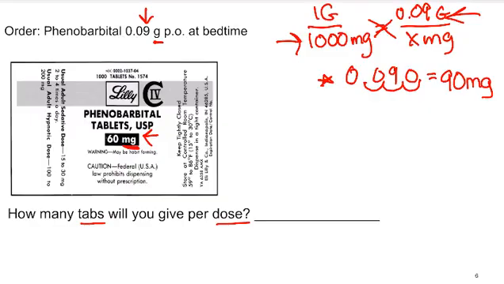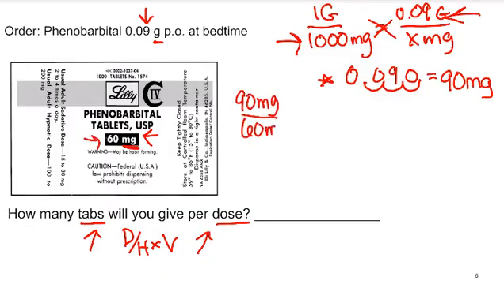Then, because this calculation is asking tabs per dose, I know I'm going to be using my D over H times V formula. In this case, my D is 90 milligrams, and what do I have? I have 60 milligrams times 1 tablet. So I'm going to do 90, divide that by 60, and multiply that by 1.